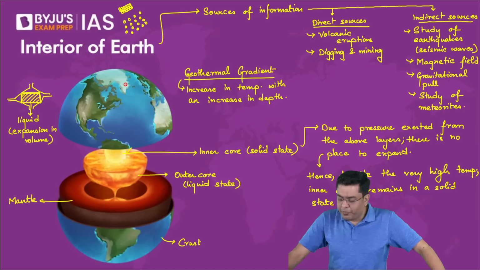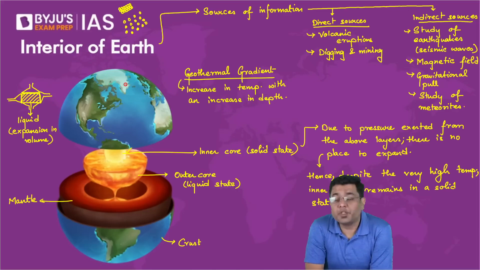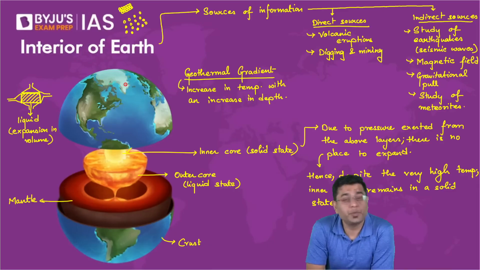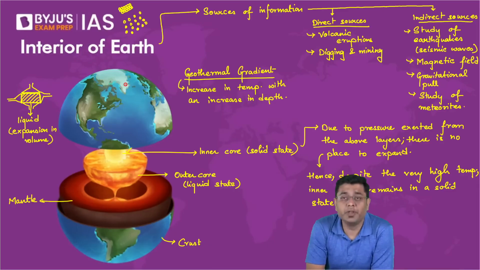Devyanshi, is there any proof or documentation for planet formation? No, there is no such documentation about planet formation because the formation of a planet is not something which happens in 2 years, 5 years, 20 years, 100 years, 200 years, 1000 years, 2000 years. Formation of the planet takes close to around 2 to 3 billion years.